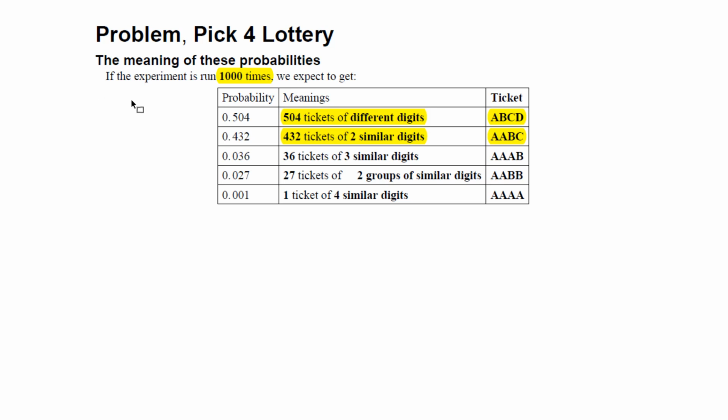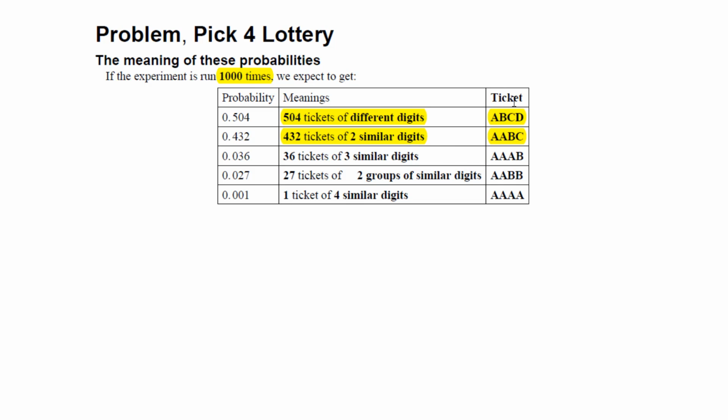If we run this experiment around 1,000 times, we expect to get 504 tickets of different digits, 432 tickets of two similar digits, 36 tickets of 3 similar digits, and 27 tickets of 2 groups of similar digits, and only 1 ticket of 4 similar digits.